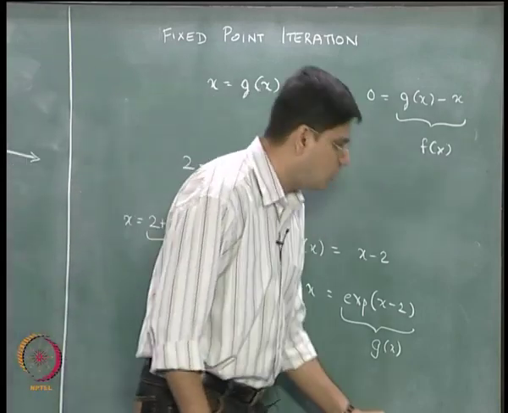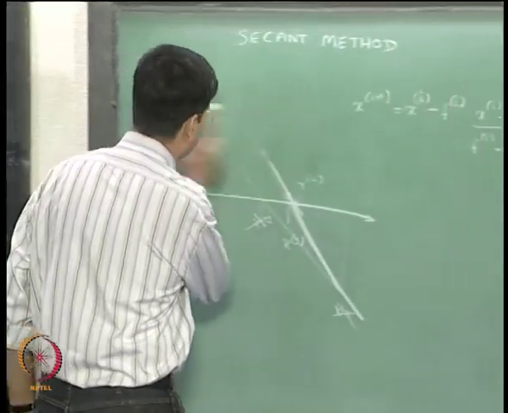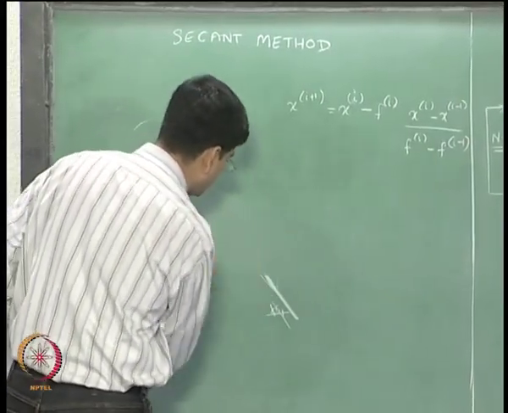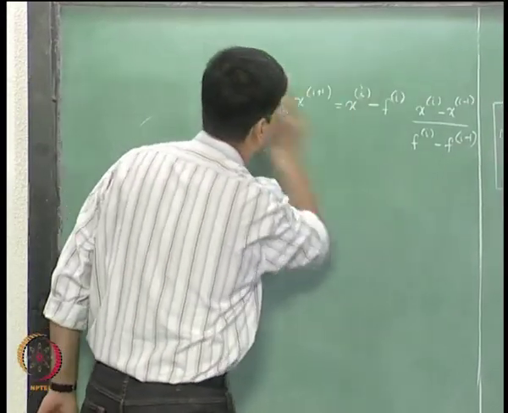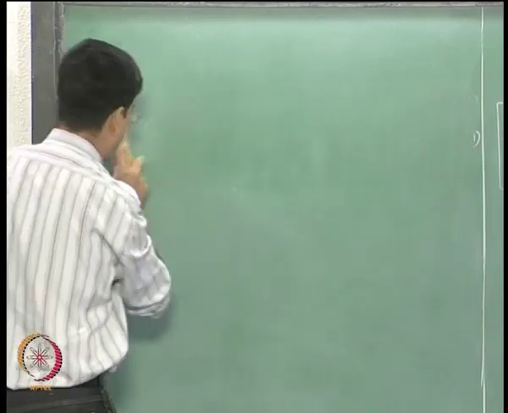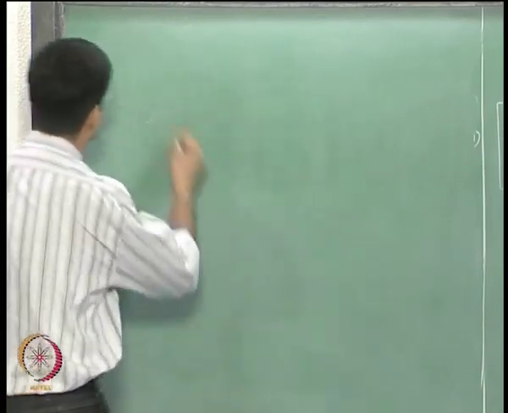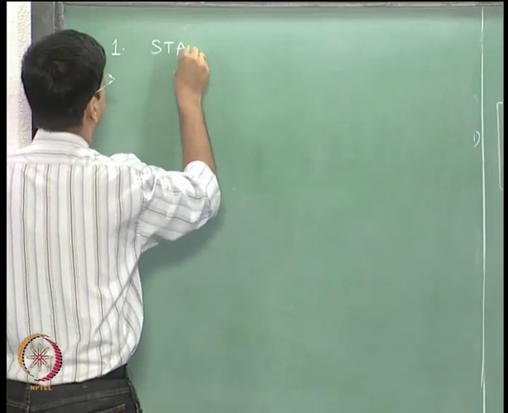Okay. So now what we do in the fixed point iteration is as follows. We will use that particular equation as an update equation. So first point is start with one initial guess.